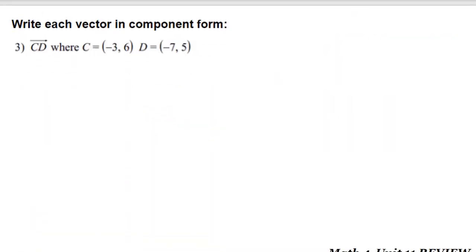All right, write each vector in component form. Of course, the idea is to do this. And so we're still going to need to label some things just to keep things straight.